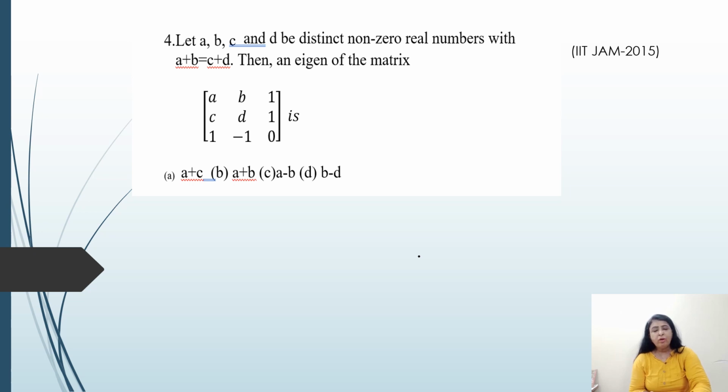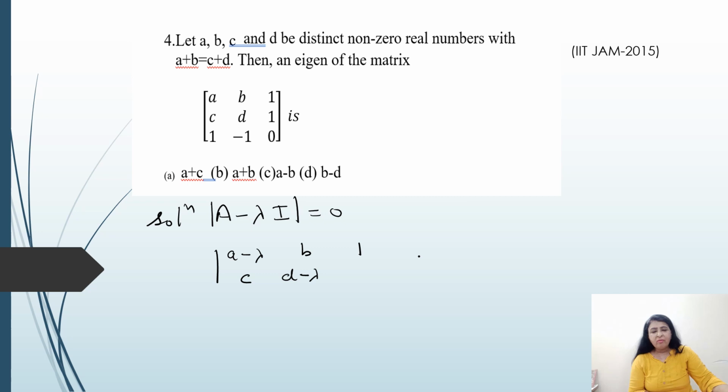So just write down the characteristic equation: determinant of A minus λI is equal to 0, which is given by the determinant of [[a - λ, b, 1], [c, d - λ, 1], [1, -1, -λ]] equal to 0.